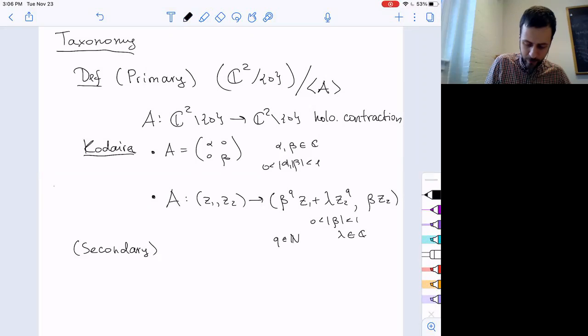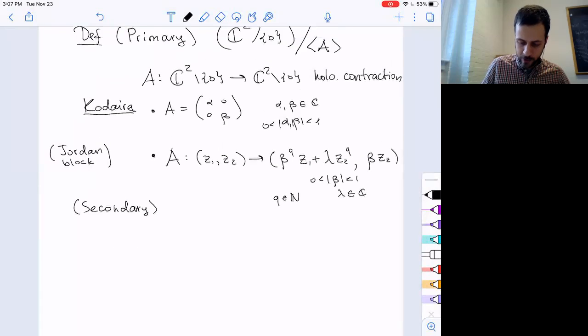So you should think of a Jordan block in this second case. For instance, if Q equals 1, it's literally this Jordan block matrix. And secondary Hopf surfaces are free finite holomorphic quotients of primary ones.